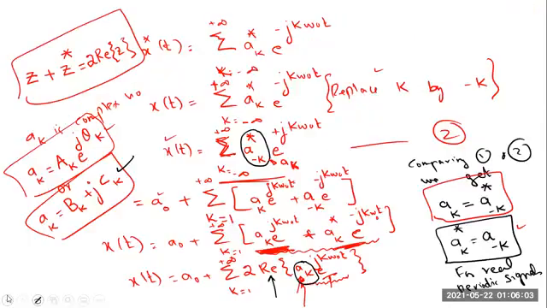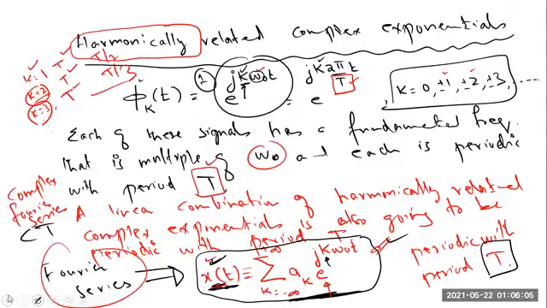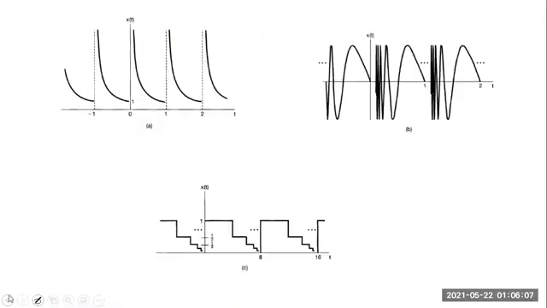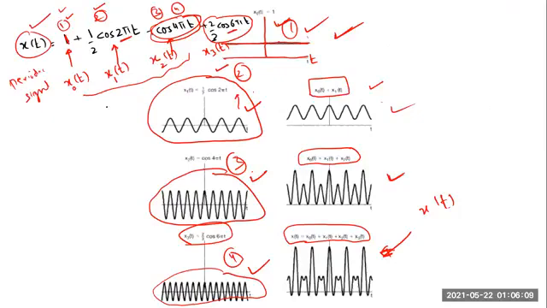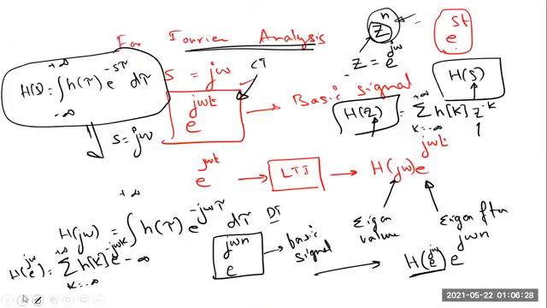That is the reason that if I go back to the example that I was solving, this signal was periodic, and you can see it was represented in trigonometric Fourier series. You can see we have the cos function. So this was basically a Fourier series in its trigonometric form, which involved only cosine.